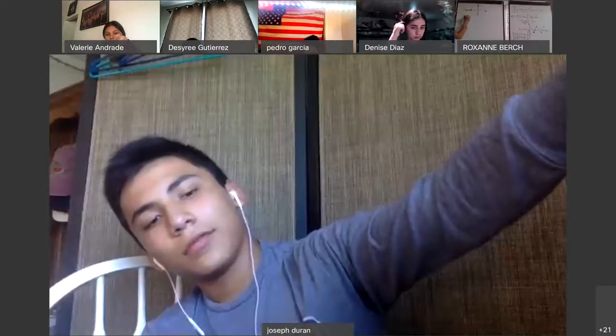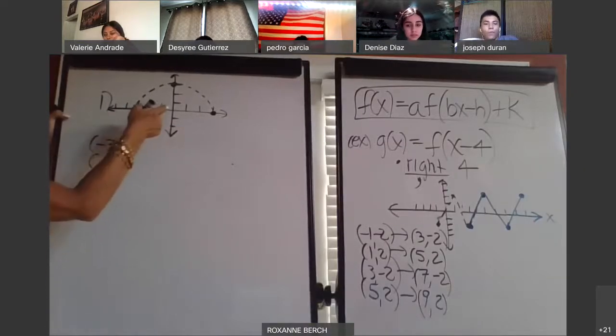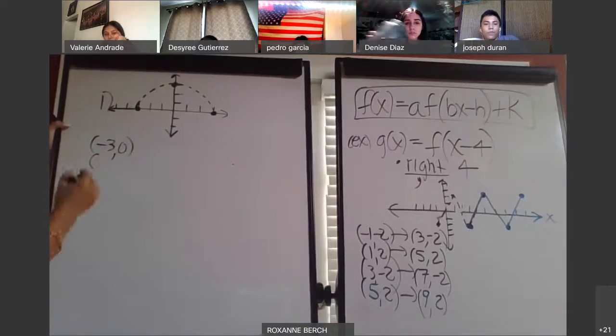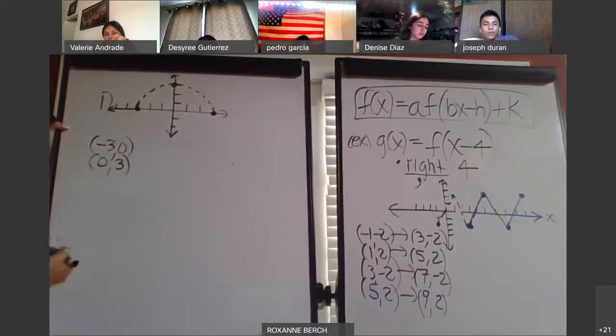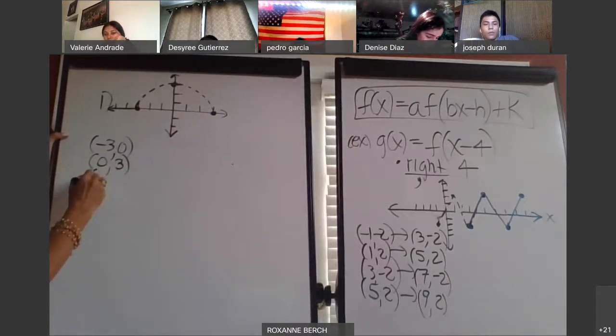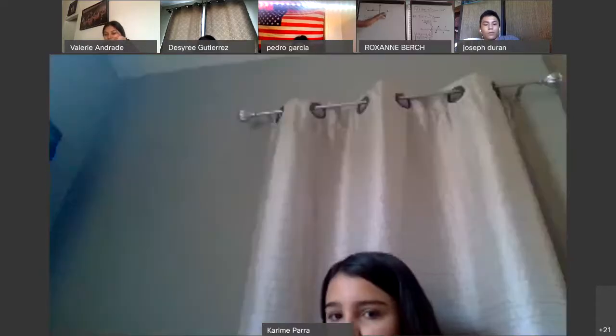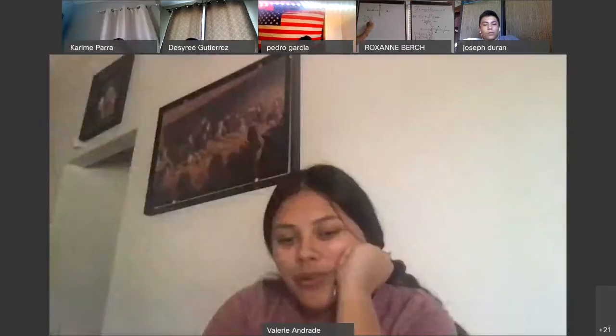Left 3, 0. Go ahead. 0 up 3. What would this be? And then right 3, 0. Right, 3, 0.